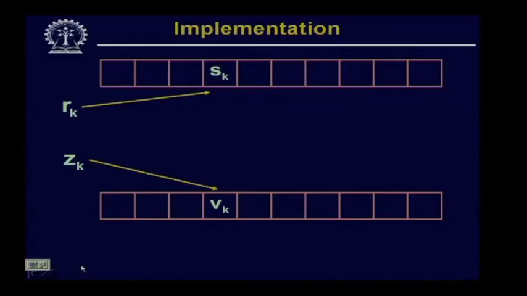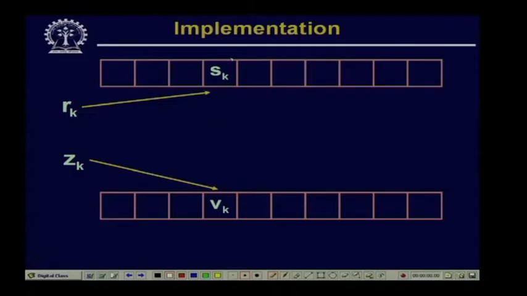I have an array as shown in the top, where the intensity value of the input image r_k is to be taken as an index to this particular array, and the content of this array element is the corresponding value s_k. Similarly, the second transformation function G(z) can also be implemented with the help of an array, where z_k is an index to this array, and the corresponding element in the array gives us the value of v_k.